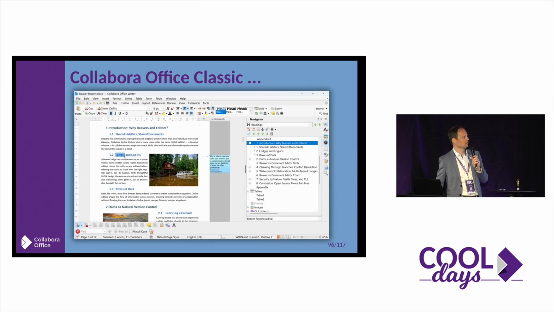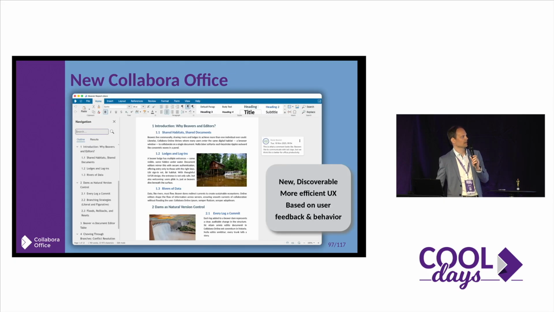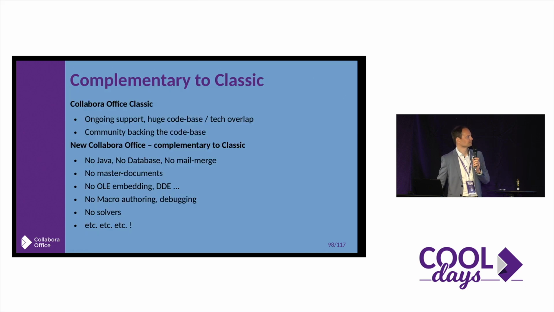You see a comment there, and if you compare that, it just looks beautiful, and it's more discoverable, more efficient, and of course it's based on user feedback, so we can reuse all the experience and all the input and product management we're getting for online and have the same experience on desktop.